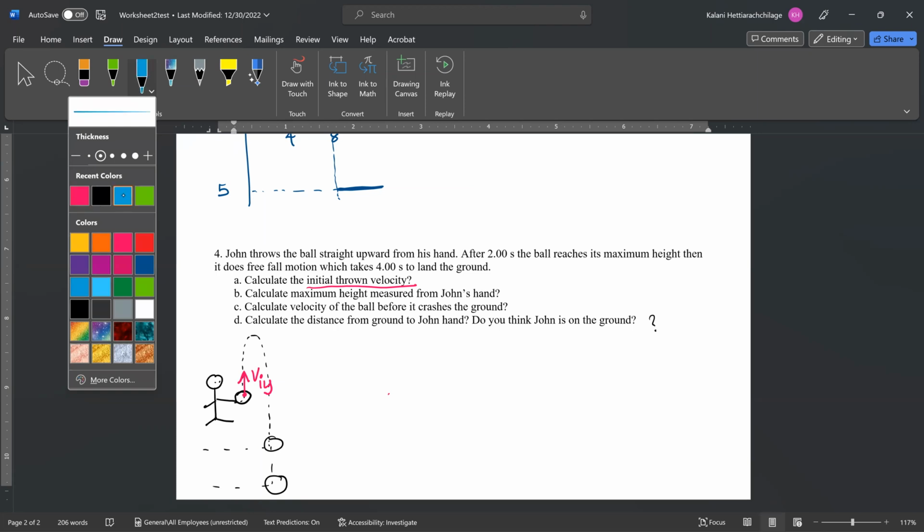So now, as soon as you decide that position is important to you, you decide where is your origin of the coordinate system. Usually, in my experience, I would say you use your initial position of the problem that you're going to solve as your origin. So that's the easiest way to do it.